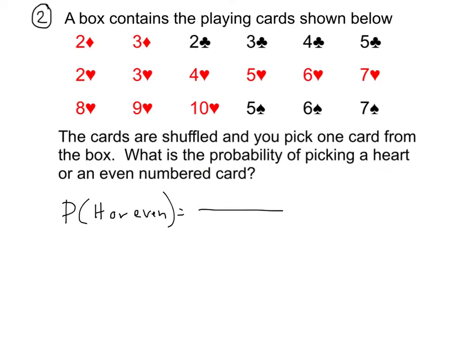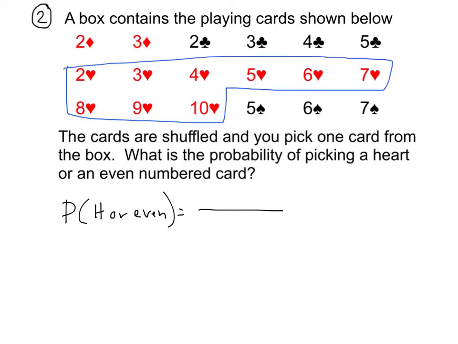Okay, so for the top, we need to think about what's the total number of ways to pick a heart or an even, right? And the bottom is the total number of ways to pick a card. All right, well, let's take a look. If I were to look at my cards here, how many hearts do I have? Well, here are the hearts. How many is that?